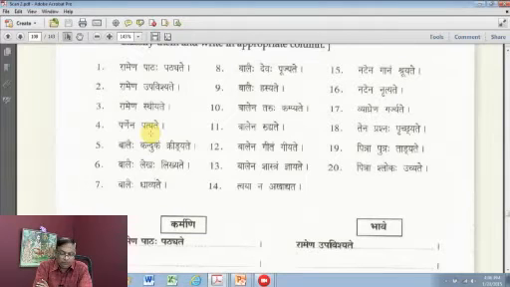Parnena patyate, meaning parnam patati. A leaf falls. 5. Balaihi kandukam kridiyate. This is karmani prayoga. Balaihi kandukam kridiyate.